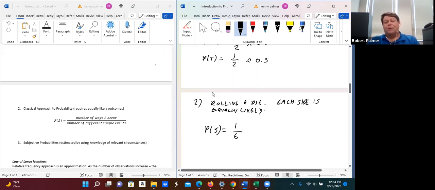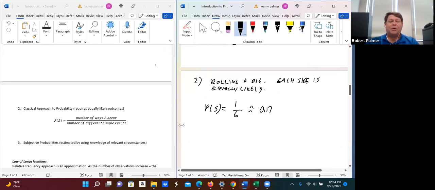In fact, that's where you might do an experiment, rolling the die many times to see if one side comes out more often than the others. But this kind of probability doesn't work with that. Also, 1 divided by 6 is about 0.17, or about 17% for each side of a fair die.